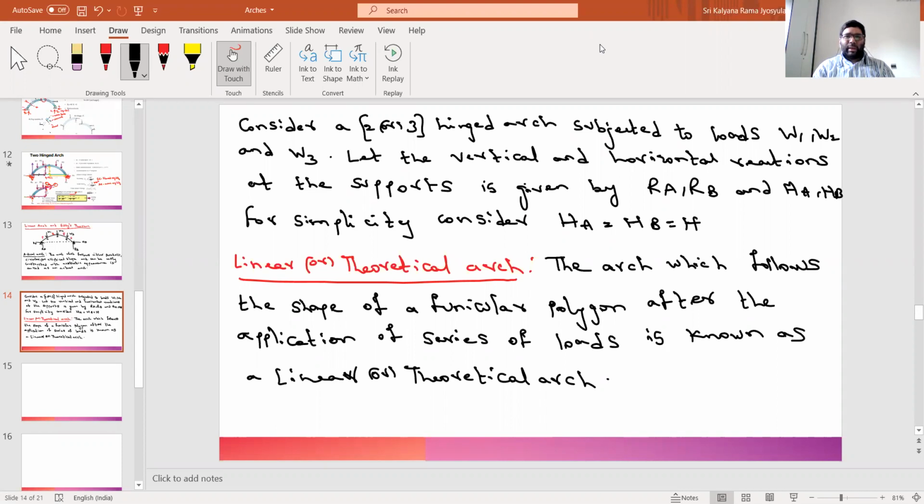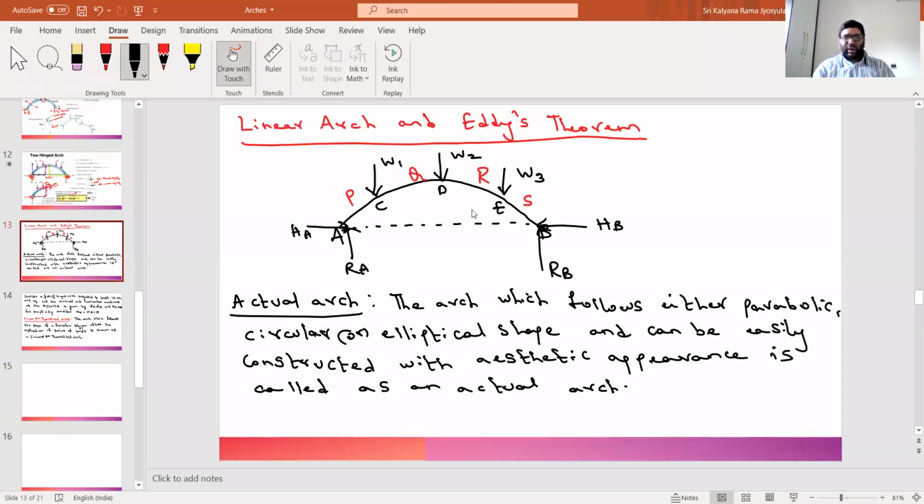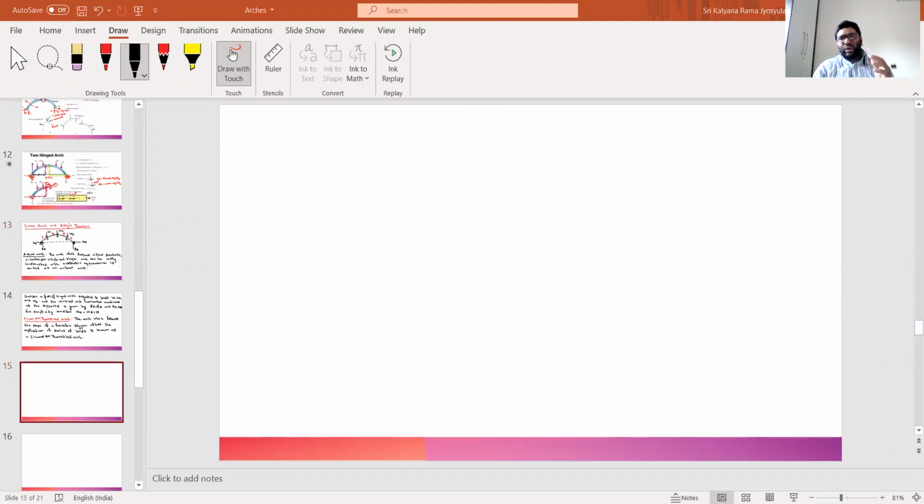It will look like a funicular polygon. So how does it look like? Let us try to see that. Now if you see, this is the original arch, and where are the loads applied? W1, W2, W3. So this actual arch after the application of load will look like a funicular polygon, and let us try to see how that looks.